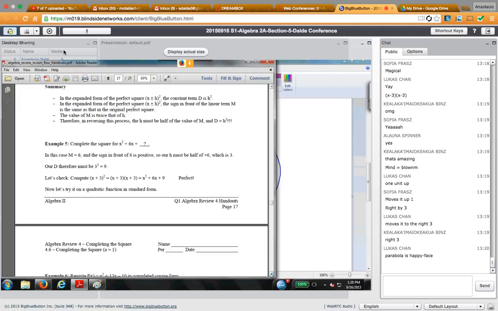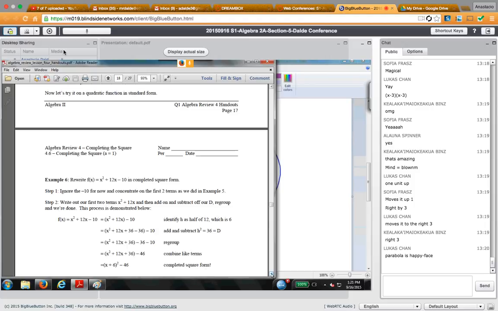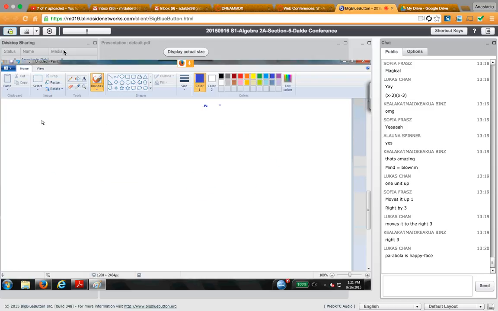Okay, let's do this one. X squared plus 12x minus 10. X squared plus 12x minus 10. And this is f of x. Got it? So, first step, what do we do?